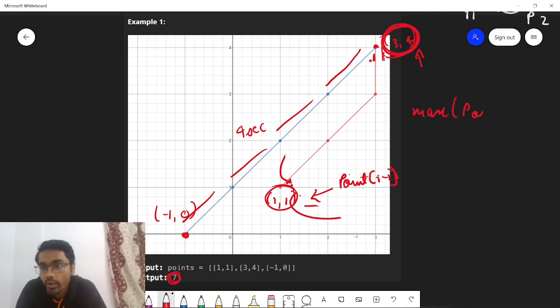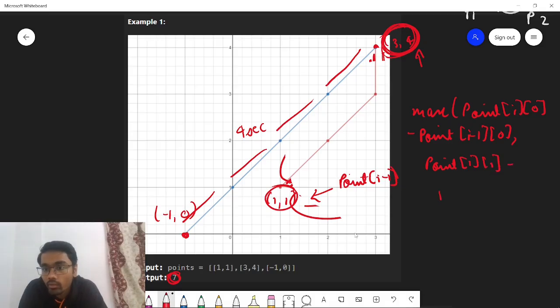So point of I comma 0, first we are taking for the x part, so point of I minus 1 comma 0, and now for the y part, point of I comma 1 minus point of I minus 1 comma 1. Whatever gives you the maximum, you will take that many seconds to cover till that point.